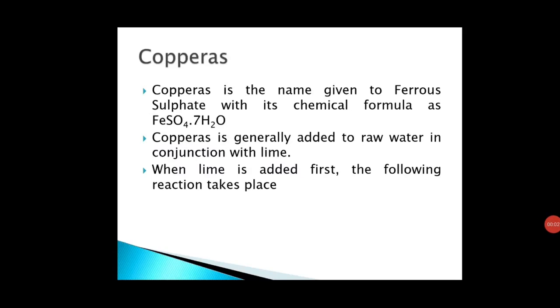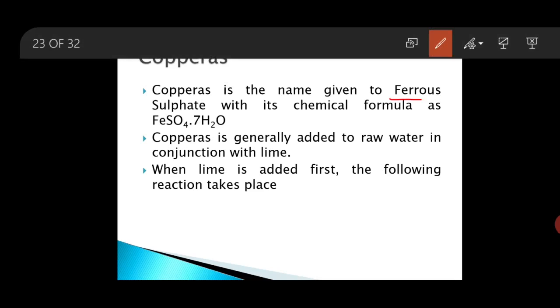So the next coagulant is copperas. Copperas is the name given to ferrous sulfate, and its chemical formula is FeSO4·7H2O. These copperas are generally added to raw water with lime.